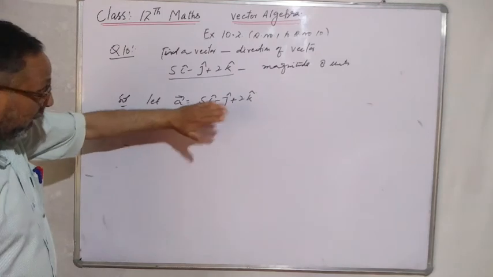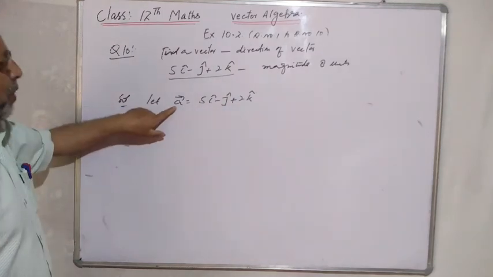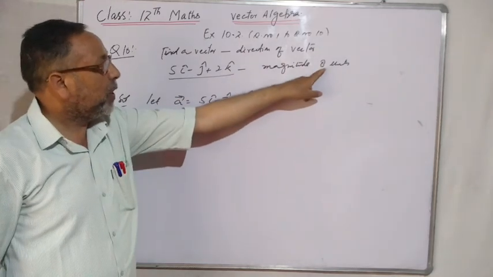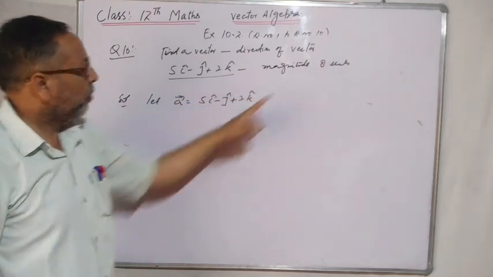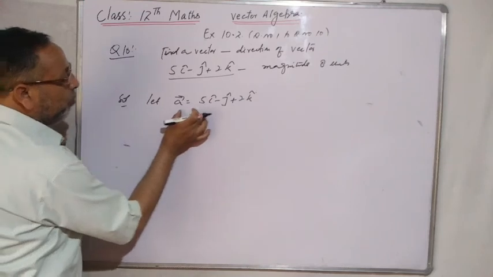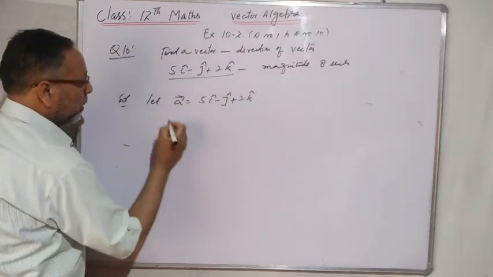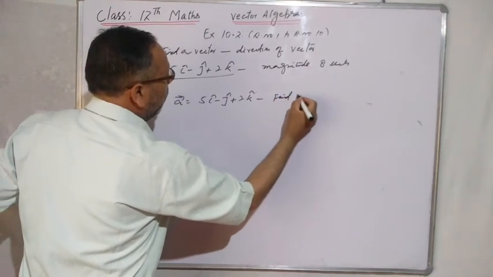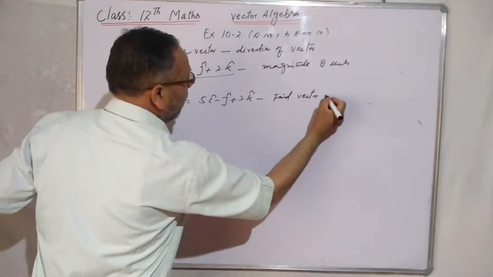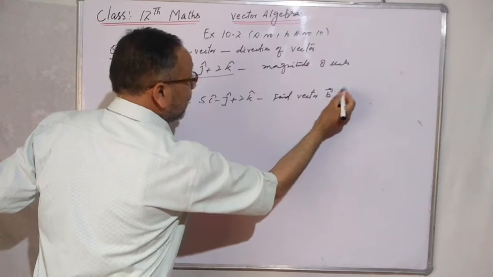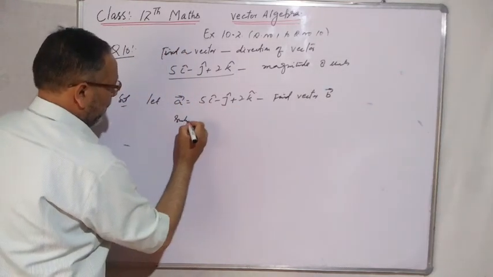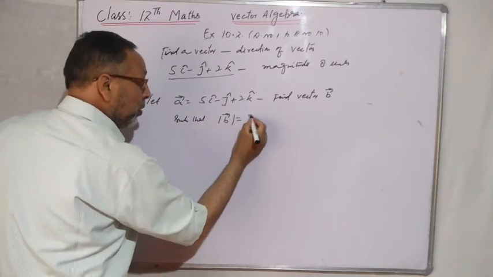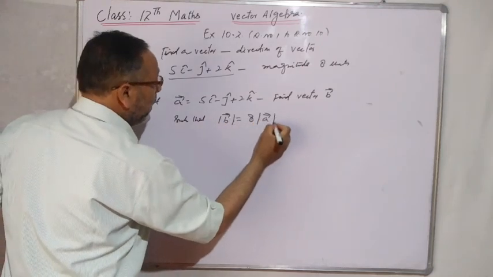Now we have to find another vector B which is in the direction of vector A, but the magnitude of vector B must be equal to 8 times the magnitude of vector A.